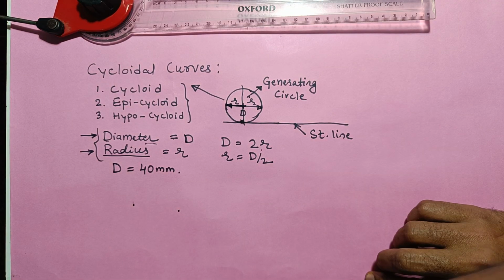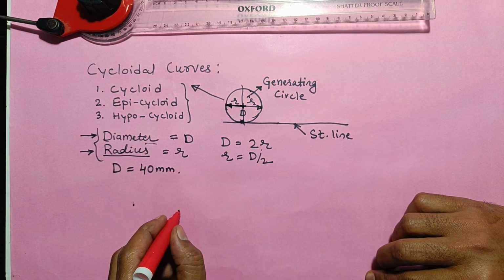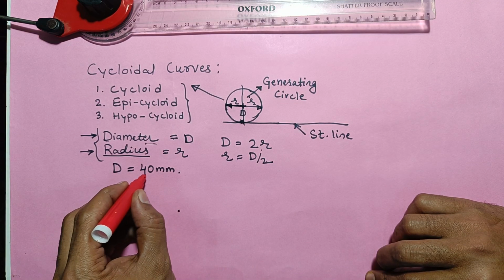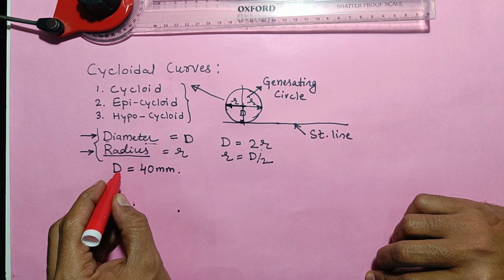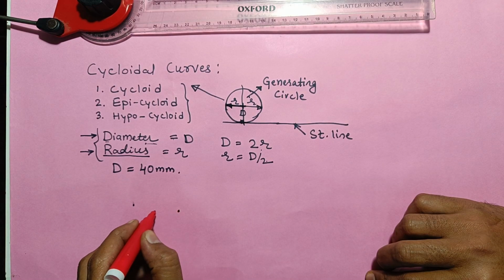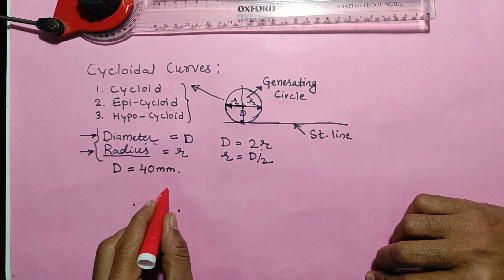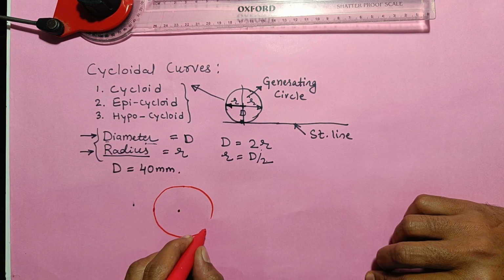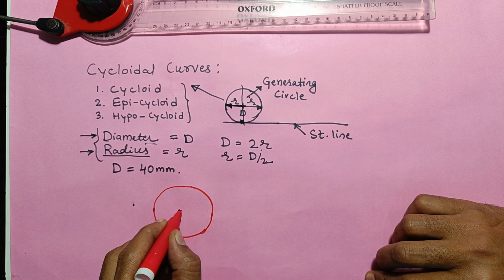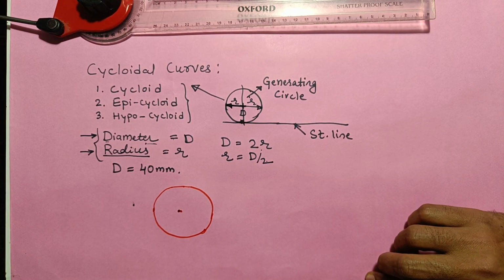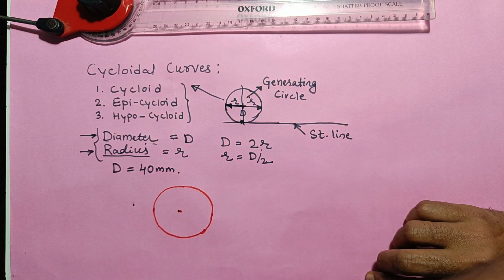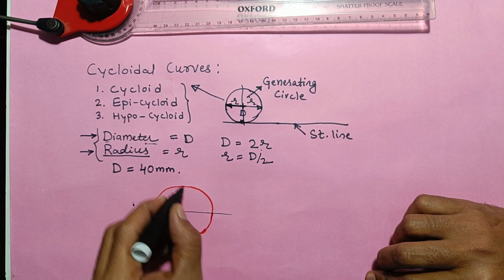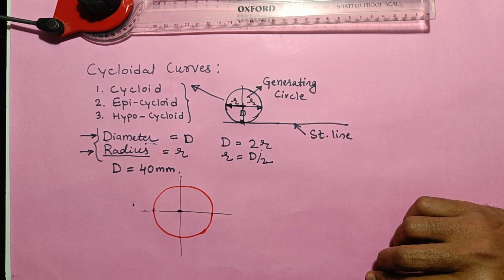Then from that center, take a radius of 20 mm, because if diameter is 40, then the radius is 20, and construct a circle like this with your compass. Then this will be your center. After this, make the axis line, like the center line, with thin lines.